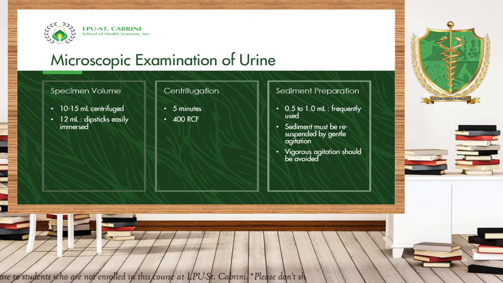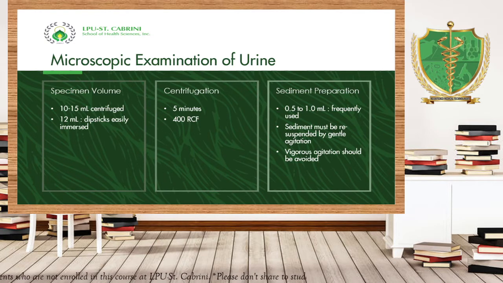Because by this volume, madali nating ma-immerse ang ating mga urine strips in the urine. Okay? And it should be centrifuged for 5 minutes at 400 RCF, or relative centrifugal force, okay, RCF.